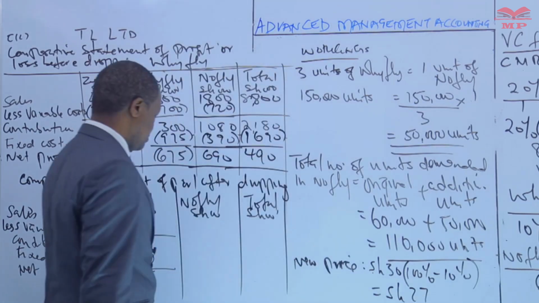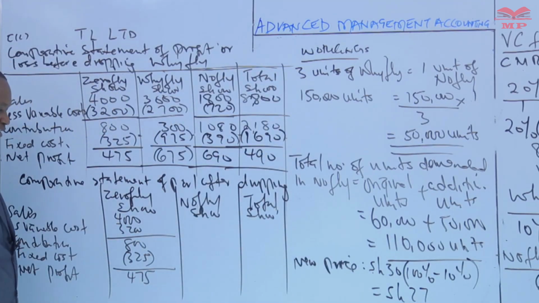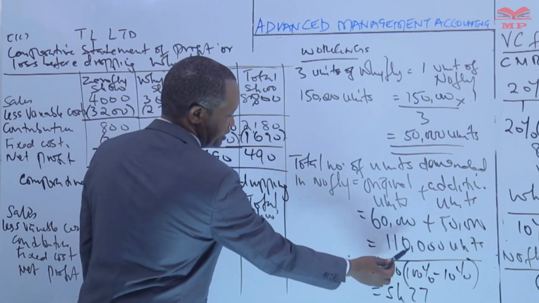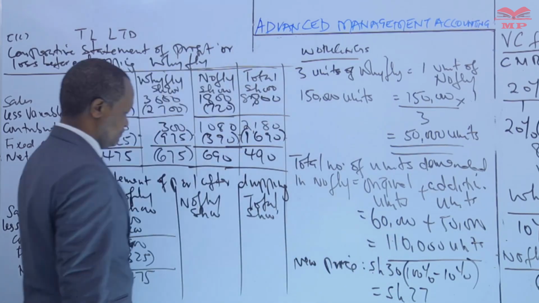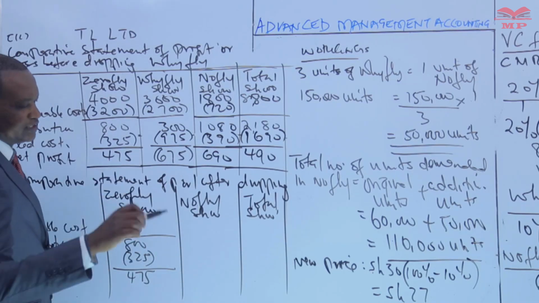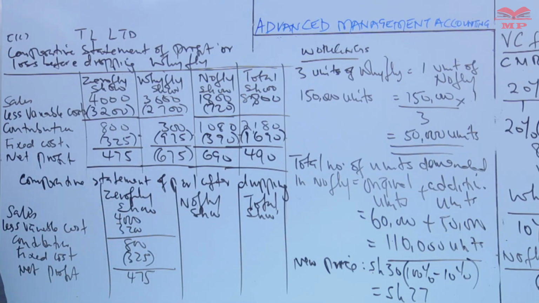So with this information, you can come here and plug in. Give me the sales. It's going to be this number of units times this 27. So sales will be 110 times 27. How much is it? Anthony says 2970.